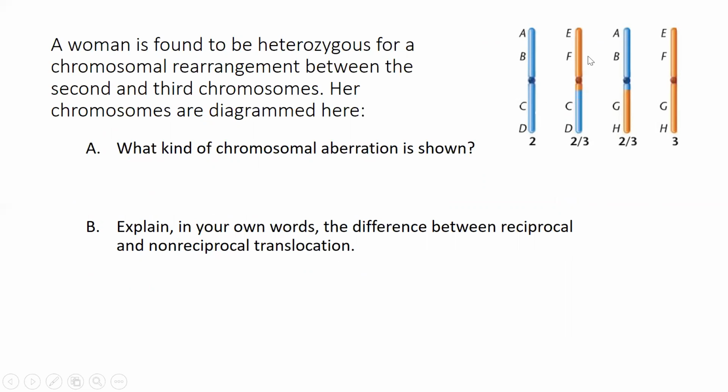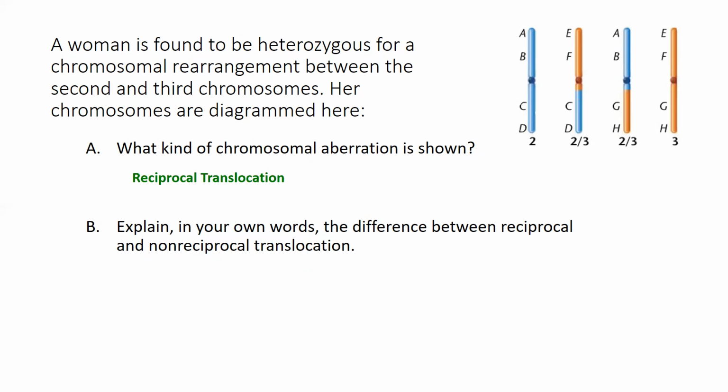So this is the diagram that they have for this woman who is heterozygous for a chromosomal rearrangement. What kind of chromosomal aberration is shown here? So when we look at these questions, what do we see? We see a two-way transfer, right? So that means it is reciprocal translocation.